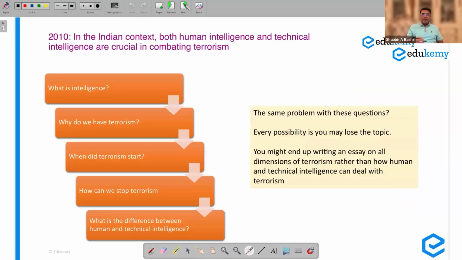So when I'm generating questions, I must be careful about that aspect. You might end up writing an essay on all the dimensions of terrorism rather than how technical and human intelligence together can deal with terrorism.